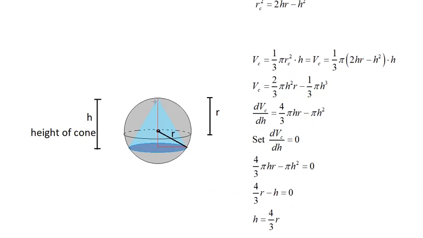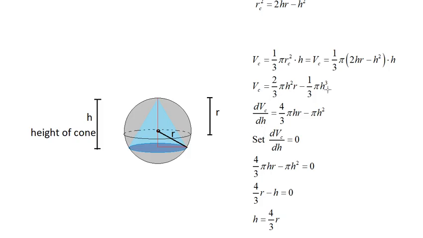And we want to have the largest cone that can fit inside the sphere. And so to find the largest, we will take the derivative of v sub c with respect to h. And so this is the derivative of the volume of the cone with respect to the height of the cone.